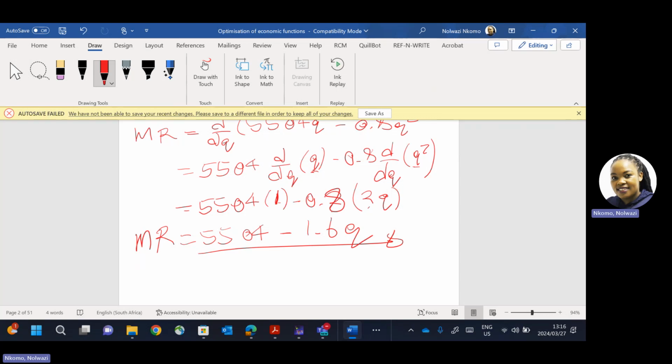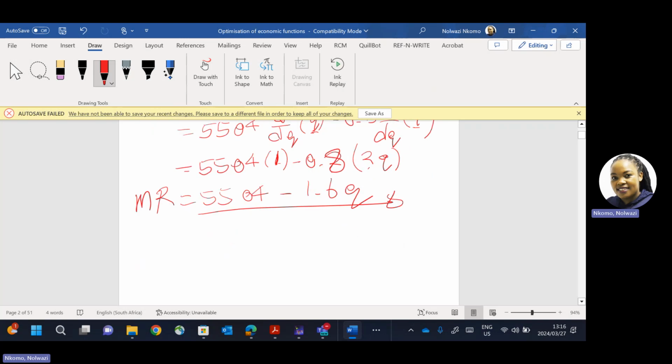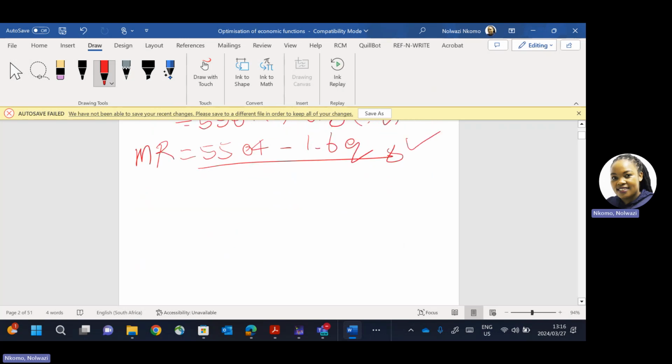Okay, remember the reason we were finding the marginal revenue. They said we should use the marginal revenue and the marginal cost. So the next step is to find the marginal cost. And remember, we have the marginal revenue.